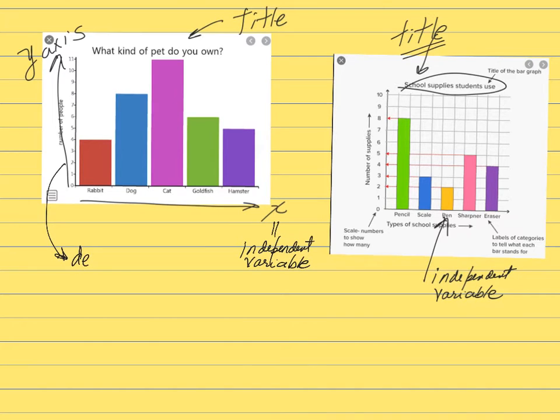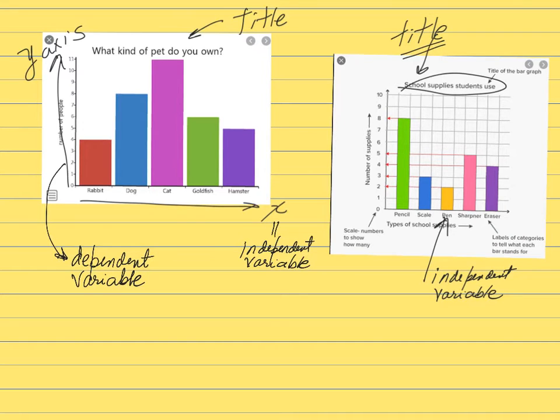The dependent variable. Okay, and that's super important because sometimes you do it the other way around, and that's totally wrong. Because remember that the independent variable, you have control over that. You are manipulating that. The dependent is going to change in response to the independent variable.